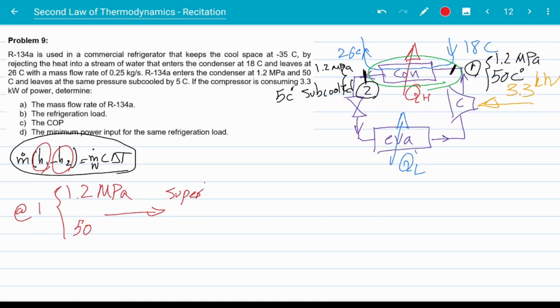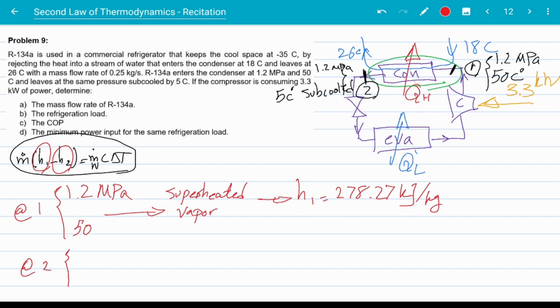You will see that we are dealing with a superheated vapor. So we can just read the enthalpy from the table. It is 278.27 kilojoules per kilogram.